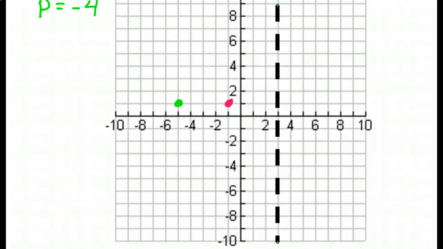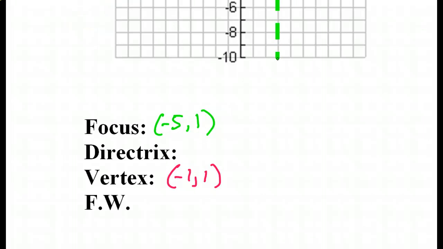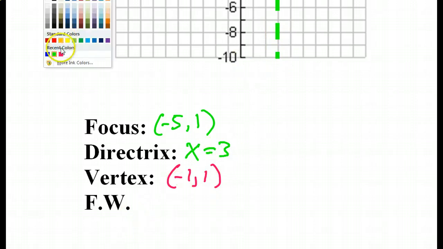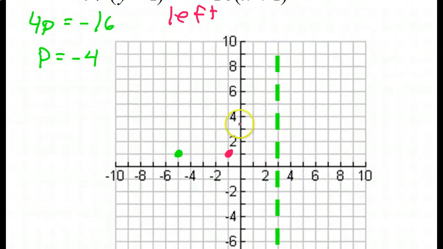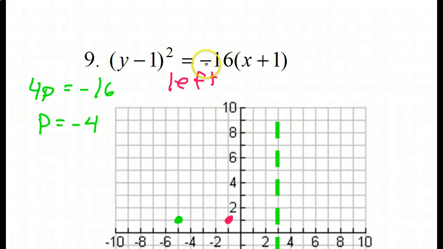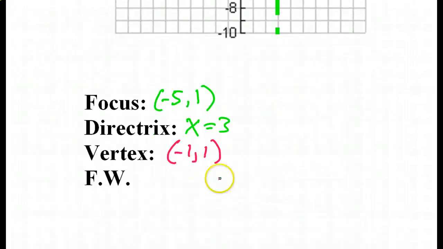All right, so there's my directrix, and it is at x equals 3. All right, vertical lines are always x equals. Now the focal width is 16. Do not include the negative sign. And that tells me where to put my other two values.